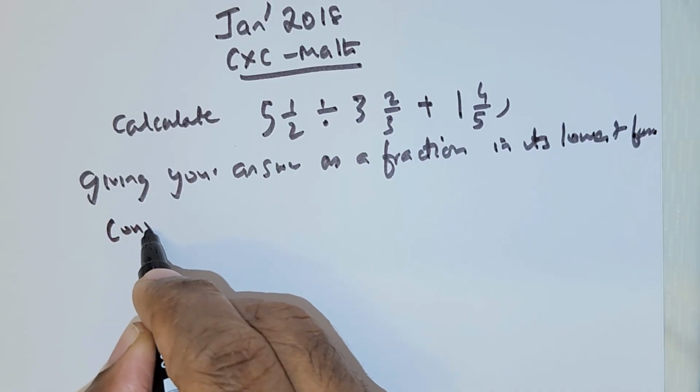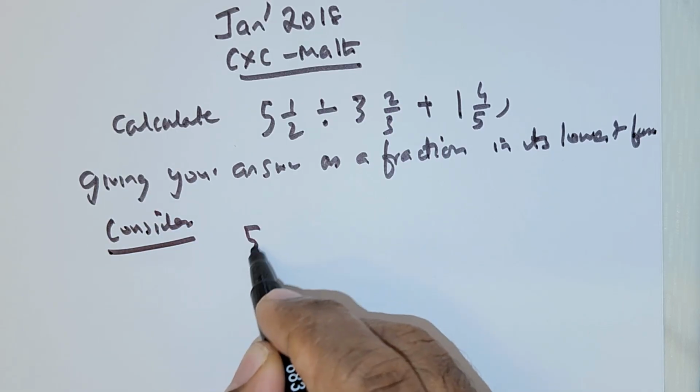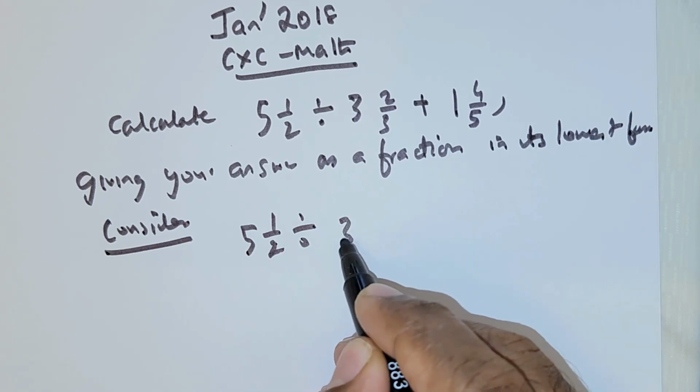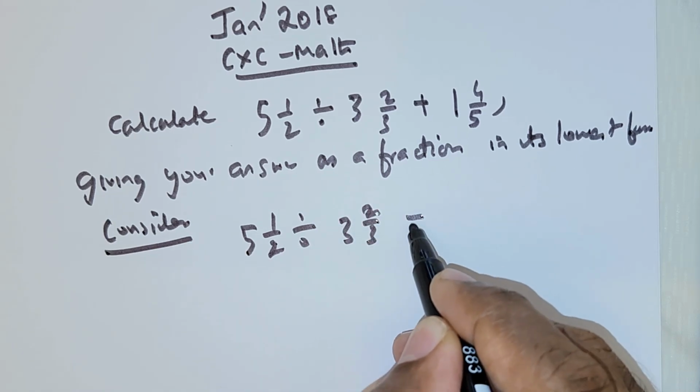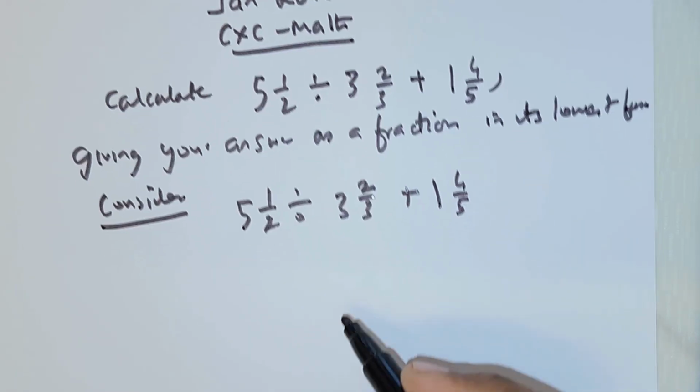So let us consider the question: 5 1/2 divided by 3 2/3 plus 1 4/5.